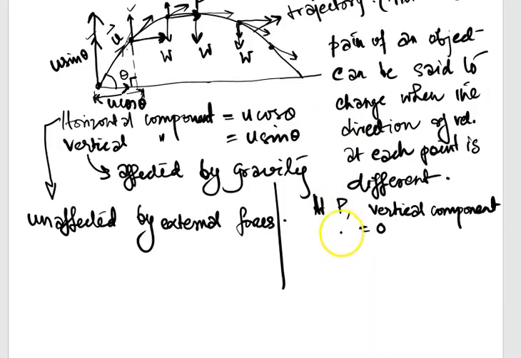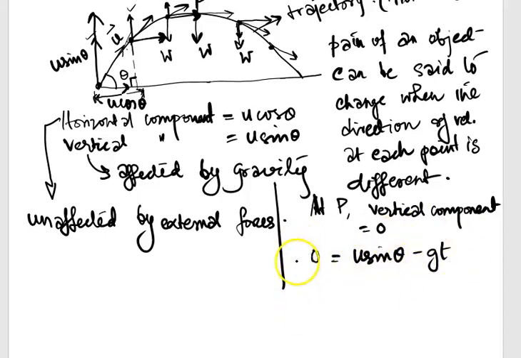Right? So at P, the vertical component is 0. For the vertical component, I can actually write something like this: 0 equals u sine theta minus gt.